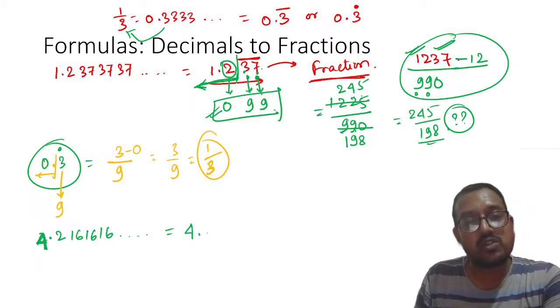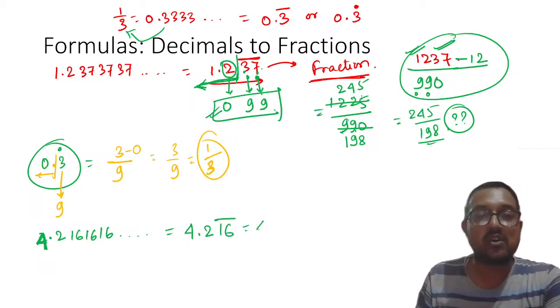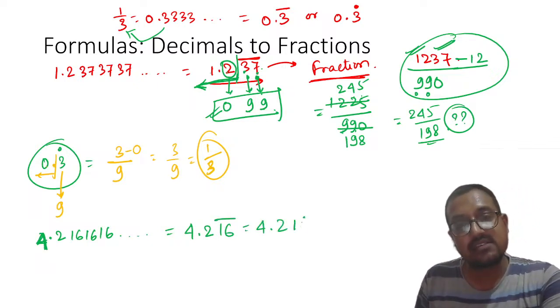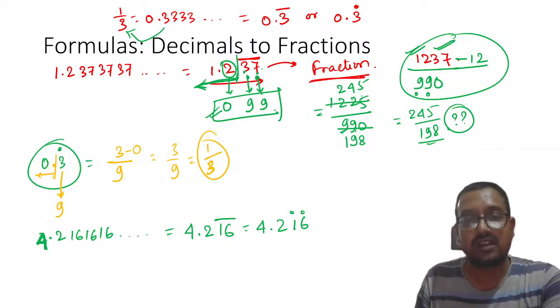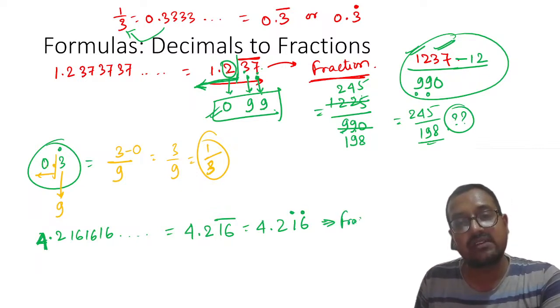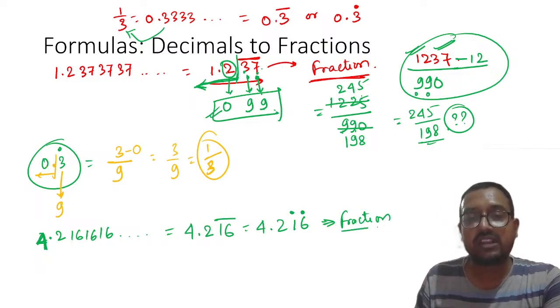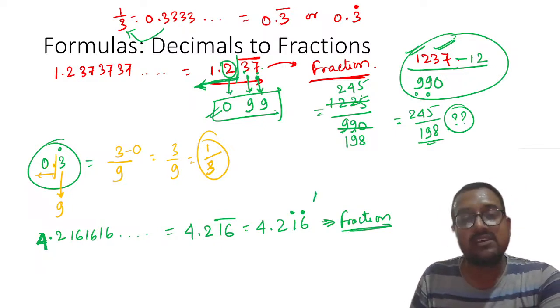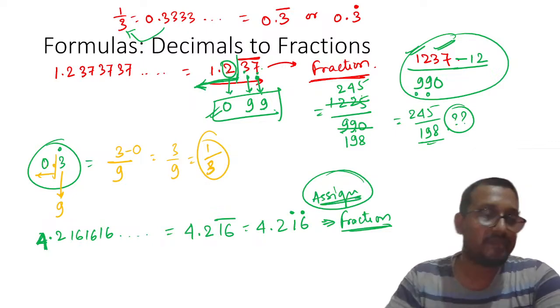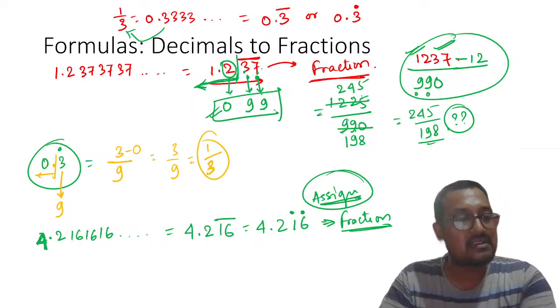I can write it like this as well, or I can also write it as 16 dot dot. So can you tell me what will be the fraction for this? Convert it into fraction. Please take it as an assignment so that you will remember this.